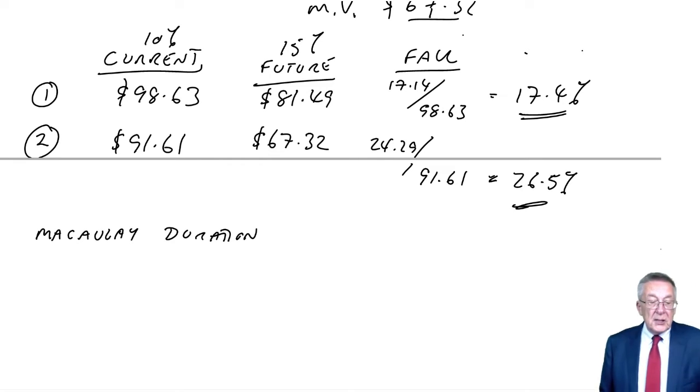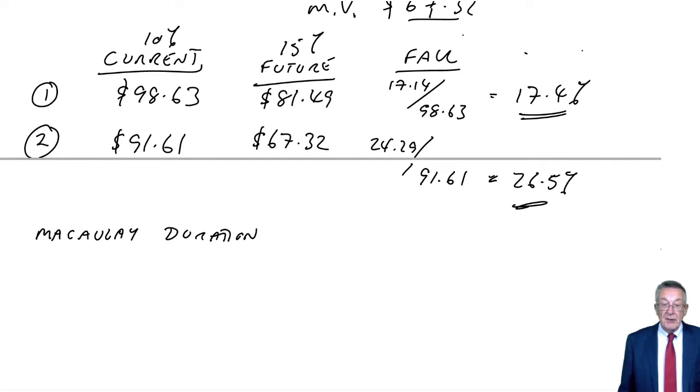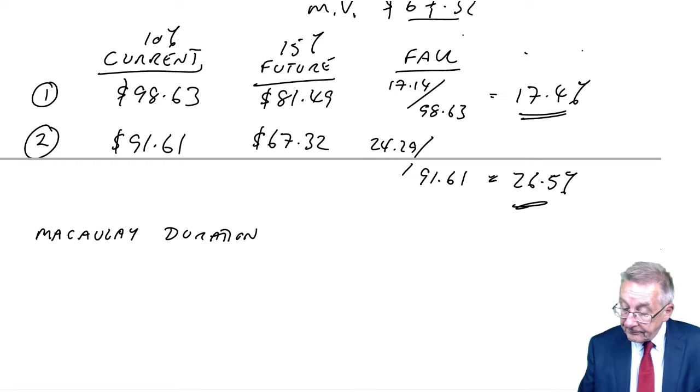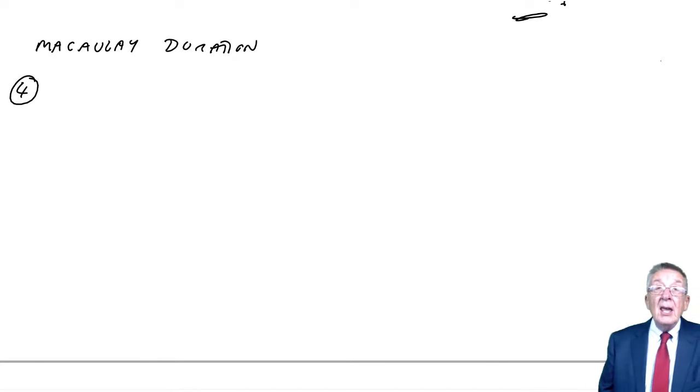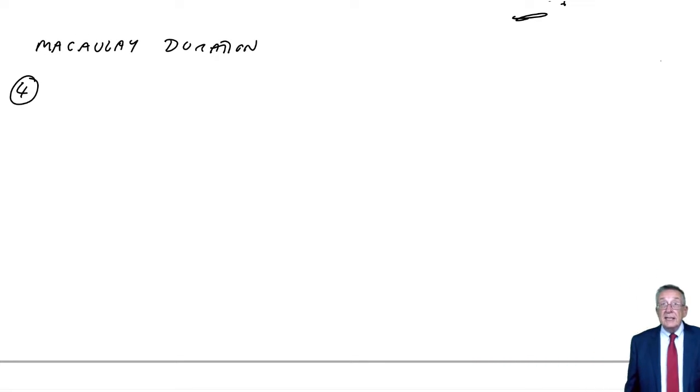And I've written the rules down. Calculate the present value of the cash flows, add them up, multiply the present value of the cash flow for each time period and add them up, divide the results from B with the results from A. Well, rather than keep reading that, let me show you with example 4 how we actually calculate it, and you'll see how easy it actually is.